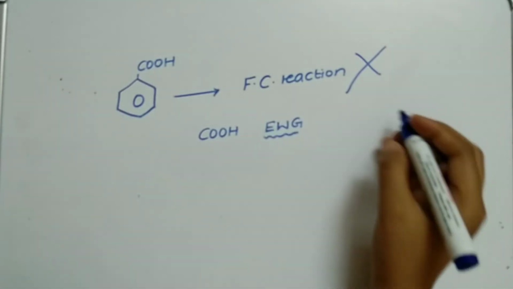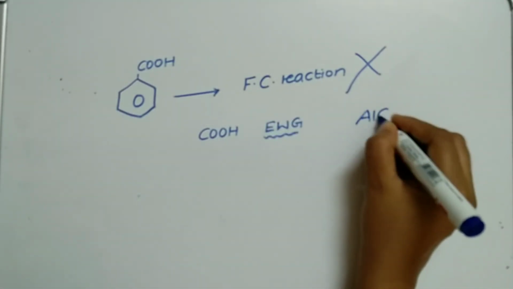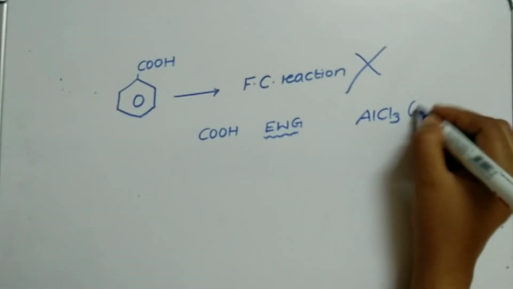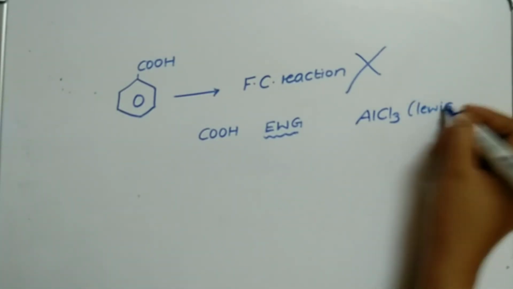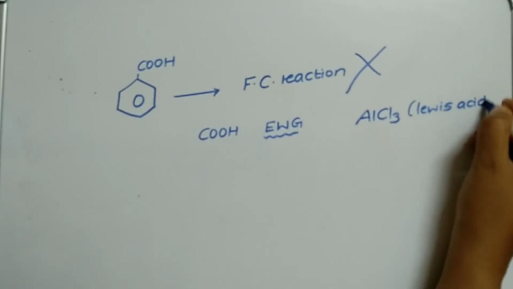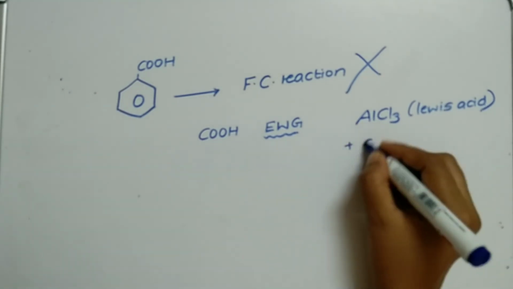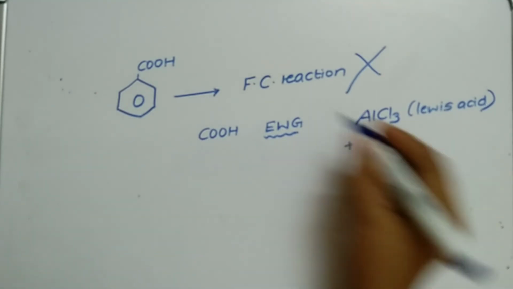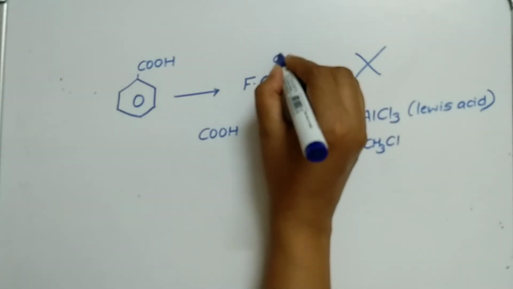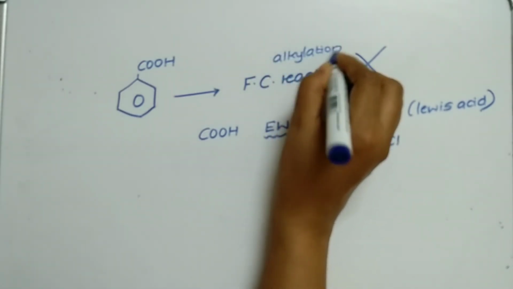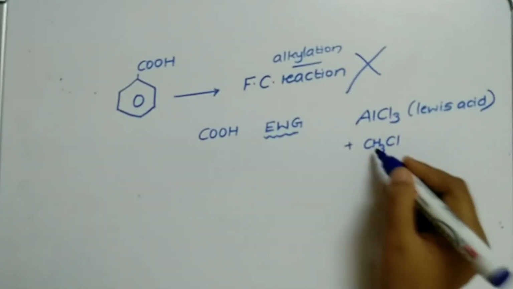Now during Friedel-Crafts reaction we are using AlCl3, anhydrous AlCl3, which acts as a Lewis acid, right. So when this AlCl3 is treated with CH3Cl, here I am talking of Friedel-Crafts alkylation, so I have taken the alkyl group.